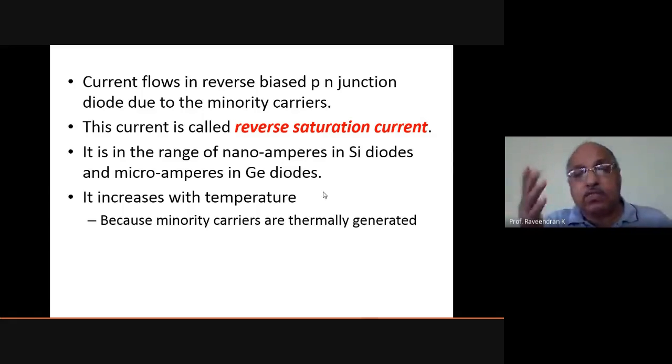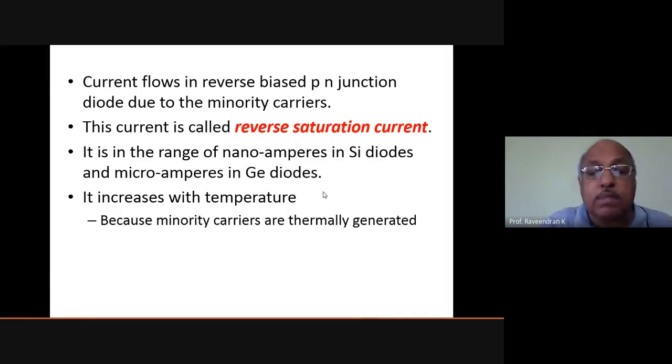What will be the nature of the reverse saturation current and what is its value? For silicon it is of the order of nanoamperes. In the case of germanium, it will be of the order of microamperes. And how this reverse saturation current flows, how it crosses the junction. That is essentially minority carriers that are thermally generated.